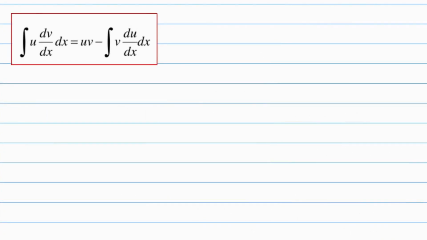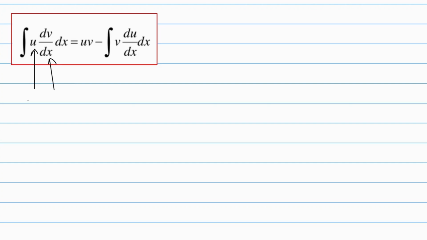So the next question would be, why would we really want to use integration by parts? What integration by parts allows us to do is to break down a complex integrand into two separate functions. One being basically u, and the other being dv by dx.